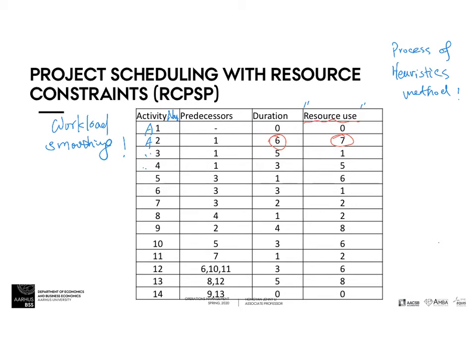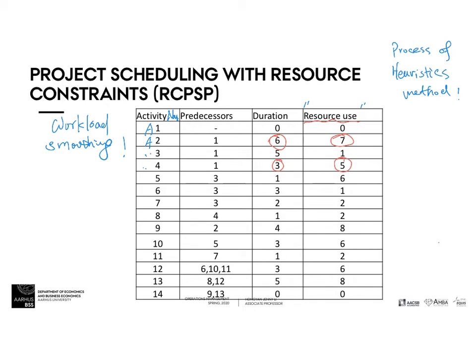For example, 7 pieces of equipment, 7 computers, or 7 laborers. For activity 4, for example, the duration is 3, and you need probably 5 persons to work 3 days to complete this task. The rest is the same. You know the resource consumptions and the durations if you get sufficient resources.